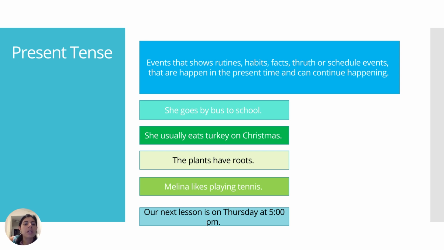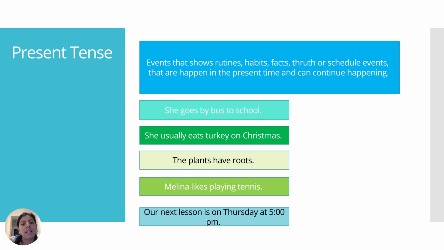For example, we have: she goes by bus to school. This is a routine. Every day when we ask, how does she go to school? We know that she goes by bus every Monday, Tuesday, Wednesday until Friday. She goes every day by bus. It's an action that is repeating every day.